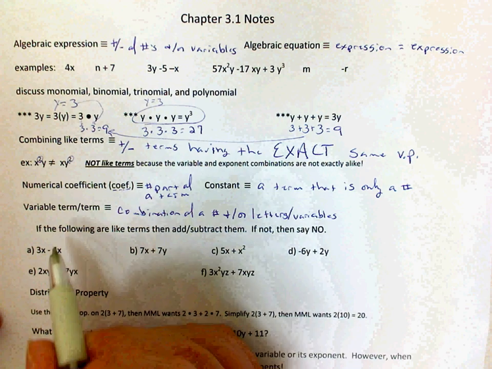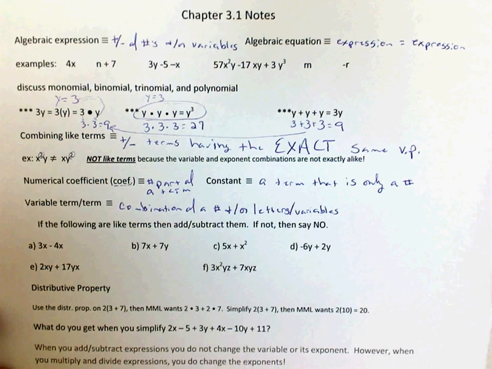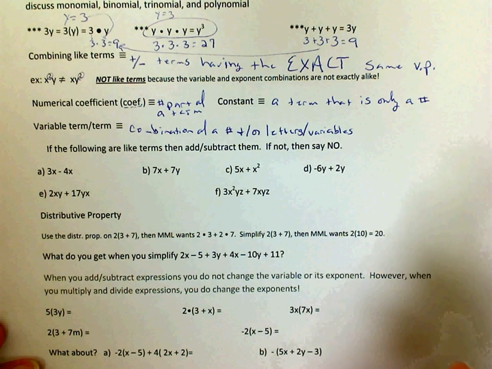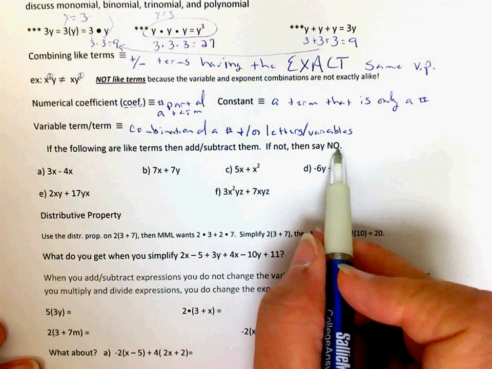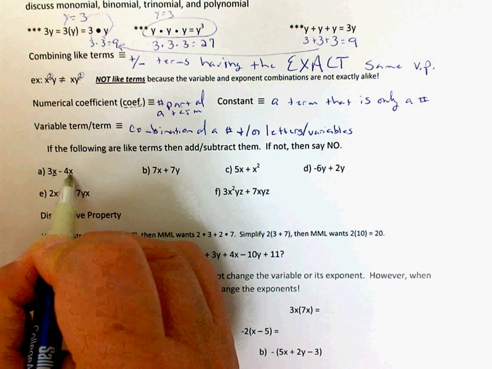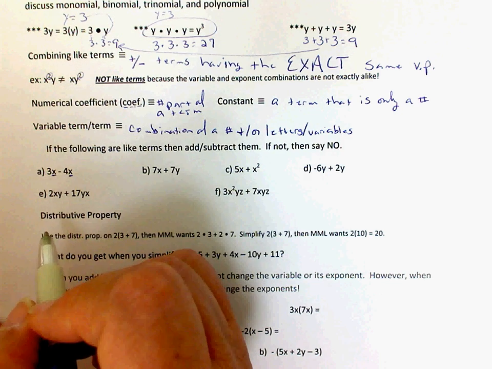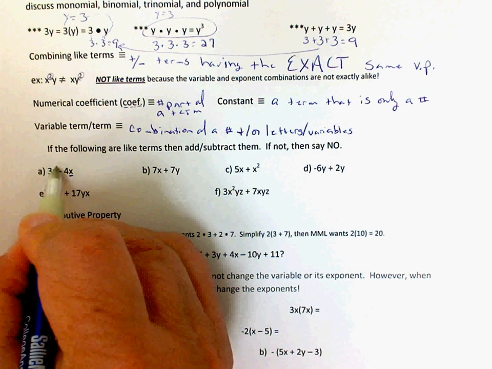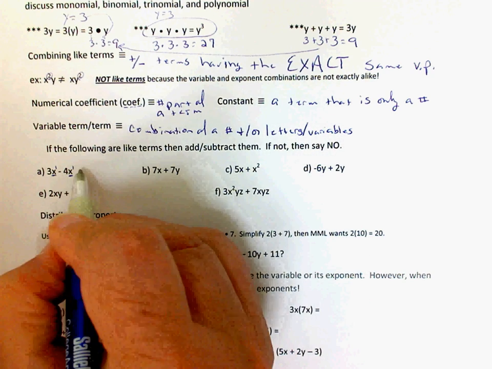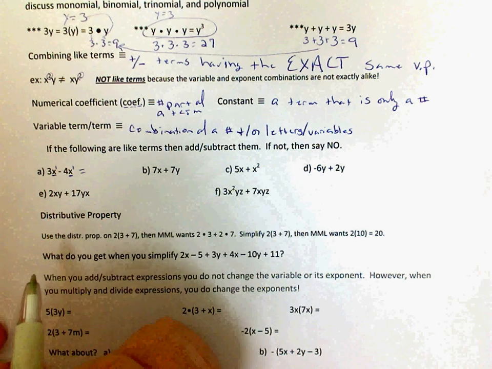Now, if the following are like terms, add them or subtract them. If not, say no. Well, 3x and negative 4x, our variables are the same. Now we have to look at the exponents. The exponents are the same, so I can combine these because they're exactly alike.